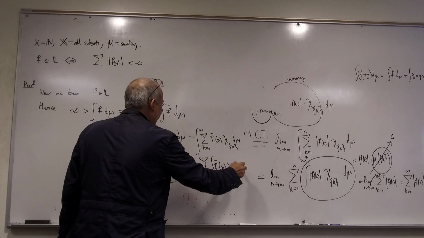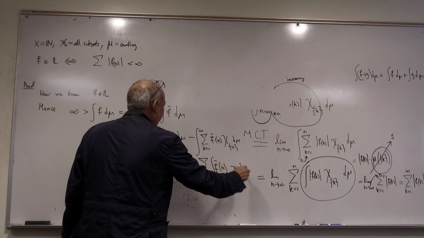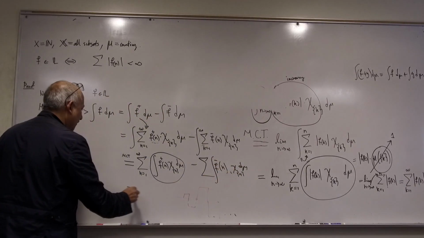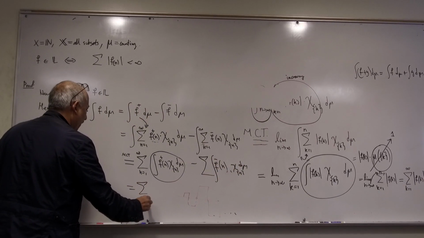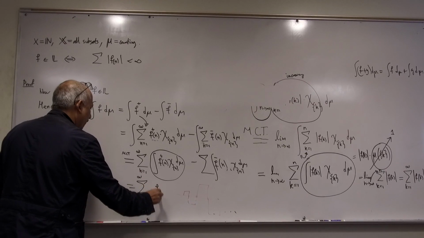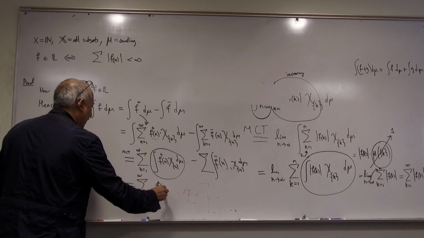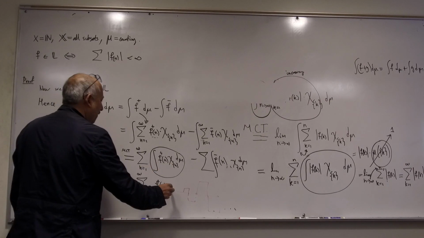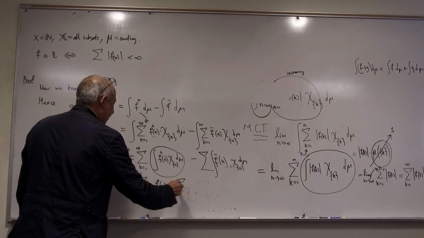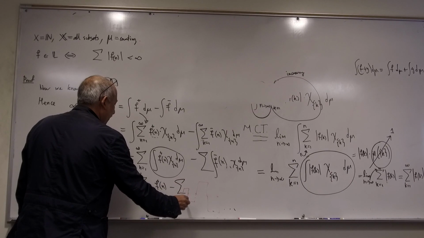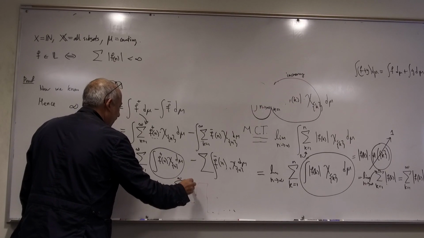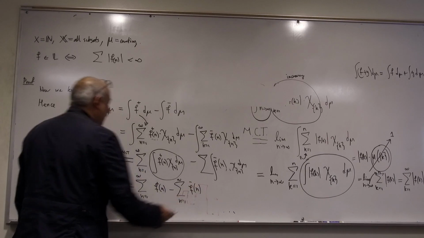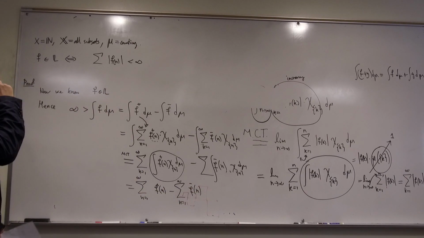So this is the same as f plus n times the measure of that, which is 1, minus f minus of n, and then we combine those sums.